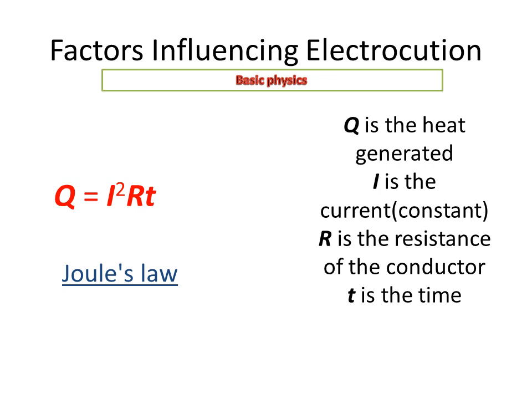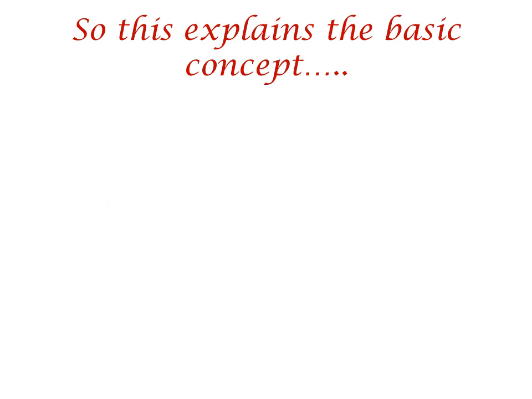So we see that whenever current flows through any conductor, it produces heat. And this heat is mostly responsible for causing the electrical injuries. So it explains the basic concept.